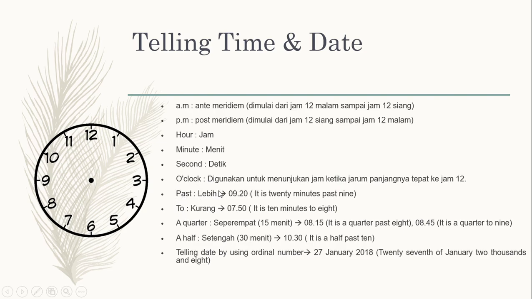Past digunakan untuk menyatakan lebih, and to is used to say kurang. For example, it is 20 minutes past 9. Or ketika jam 7 lebih 50, maka digunakan it is 10 minutes to 8.